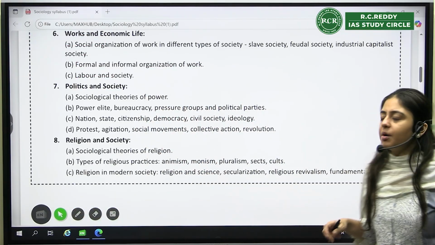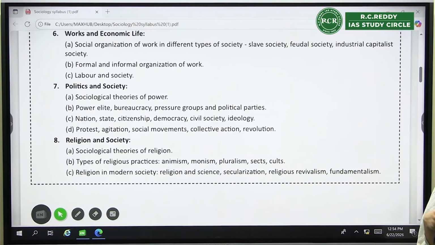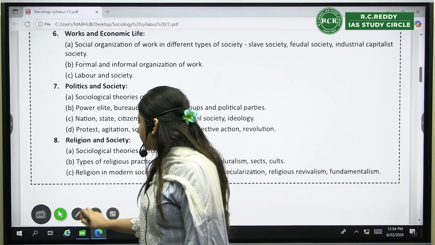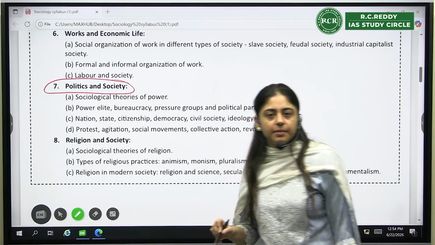So we will discuss power elite, bureaucracy, democracy, citizenship, but from a societal point of view. This will make more sense when we start doing it. So this covers the part of politics and how it is related to society. Again, the application part.